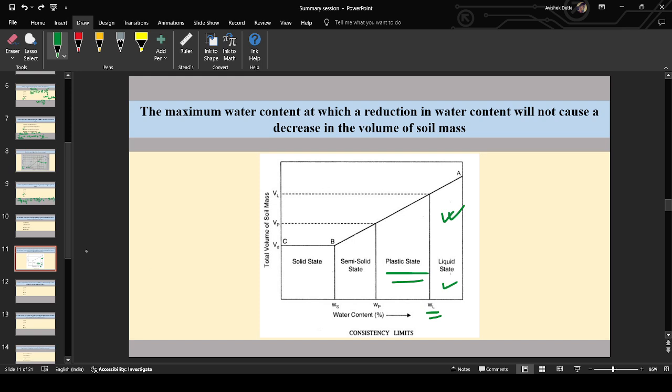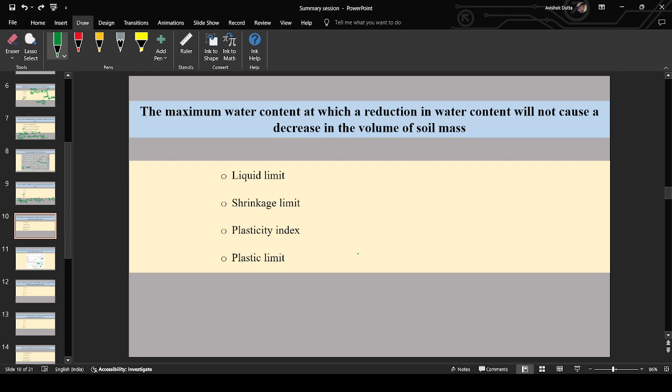So this point is called the shrinkage limit. So again, the maximum water content at which a reduction in water content will not cause a decrease in the volume of soil mass is called the shrinkage limit. Okay. I hope it was clear.